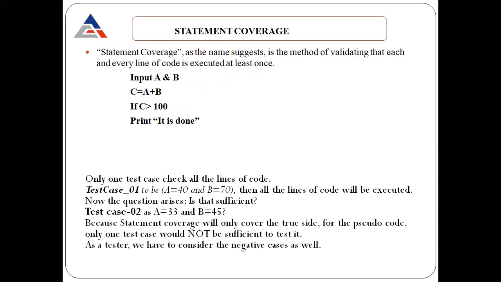Because we have to check each and every line of code, we have to execute each and every line of code at least once, so that after executing we can check that every line of code executes correctly and no one is giving a bug or error. That's why we go for statement coverage. It is a method of validating that each and every line of code used in application development is executed at least once.